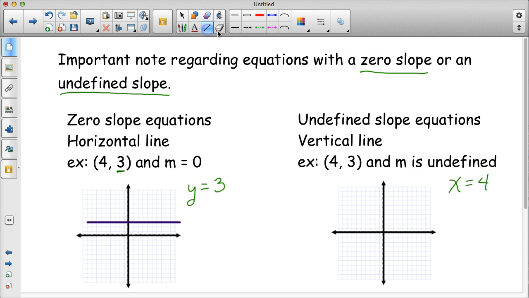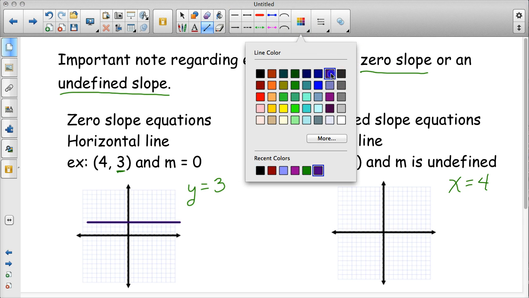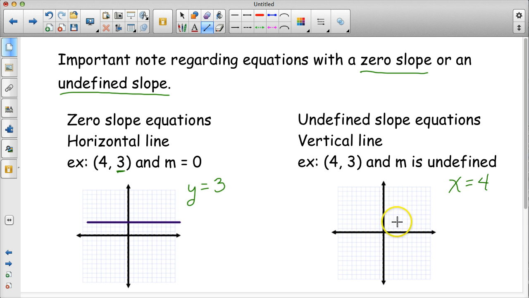And as I said, it's a vertical line. In this case, it's a vertical line that goes through the point where x equals 4. So it's this line here. So it's very important that you make note of this because you'll see vertical lines and horizontal lines often, and you'll want to know how to write the equation of those lines.